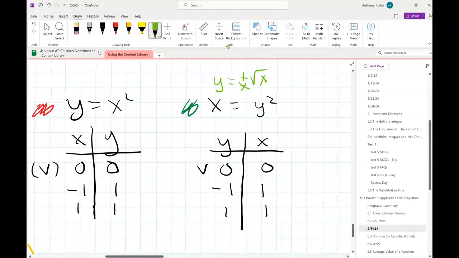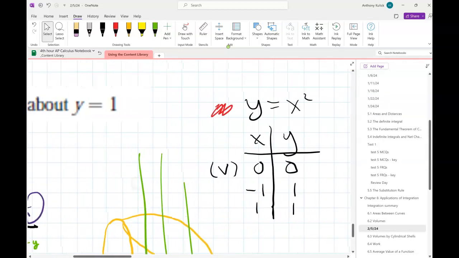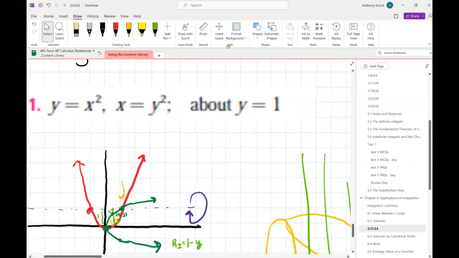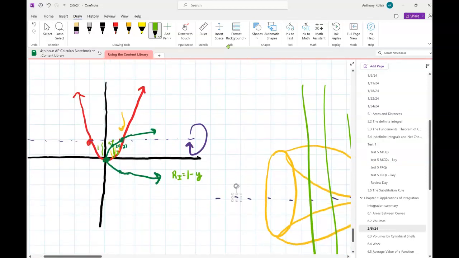If it intersected both the positive and negative axis, we would have to do something different. That's a tomorrow problem. So that's our R inner of x is 1 minus square root of x.